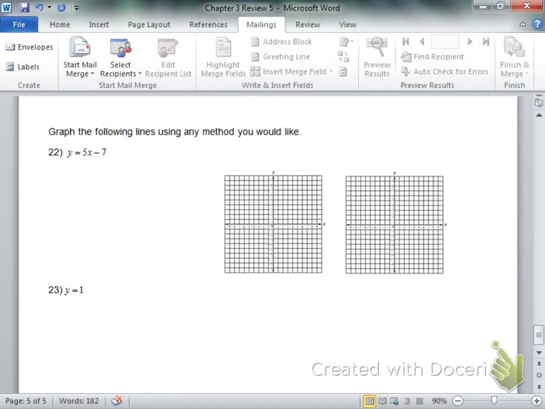But number 22, does anyone have a preference? Oh, who said it first? Okay, we'll do M and B. You can do X and Y, see if you get the same answer, and if not, then one of us is wrong. All right, so what is M on number 22? 5 over 1. What is B? -7. So I'm going to go down to the -7 on the y-axis.